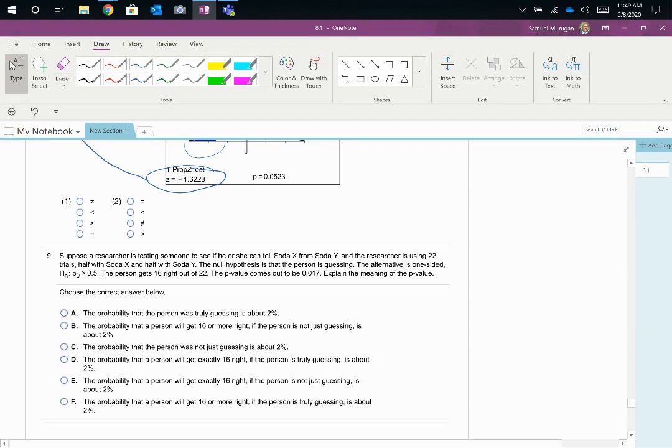Question 9. Suppose a researcher is testing someone to see if he or she can tell soda X from soda Y. So they've got Pepsi and Coca-Cola, and the researcher is checking to see if somebody who's tasting it can tell the difference. And the researcher is using 22 trials, half with soda X and half with soda Y, so 11 of each one.